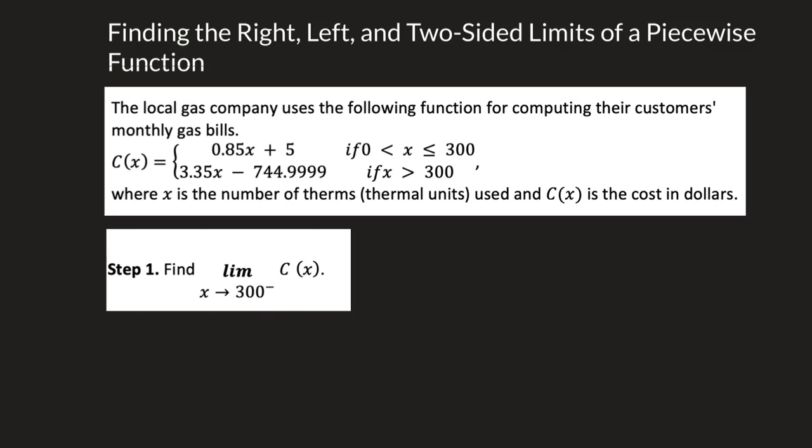So that's going to equal the limit as x approaches 300 from the left of 0.85x plus 5. So we've selected the equation from our cost function that satisfies coming from the left. Next, we'll go ahead and directly substitute in x equal to 300.